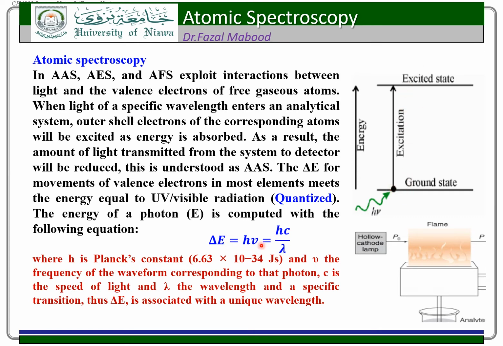So delta E is equal to h mu, and this is equal to hc by lambda. What is this lambda? That is the wavelength. So the wavelength whose energy equals this energy difference will be absorbed.